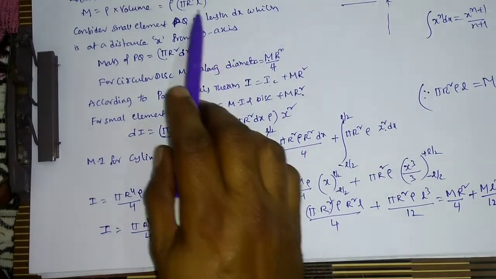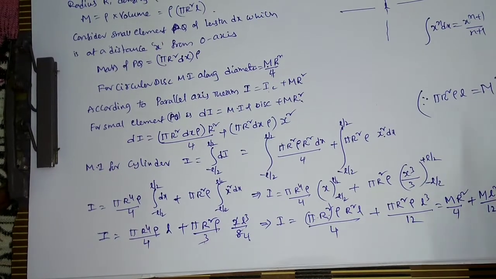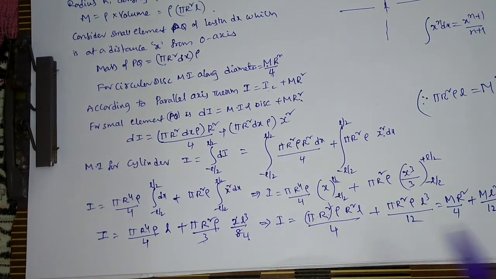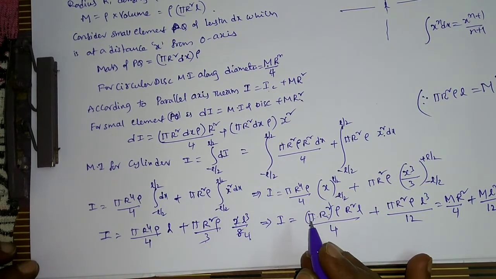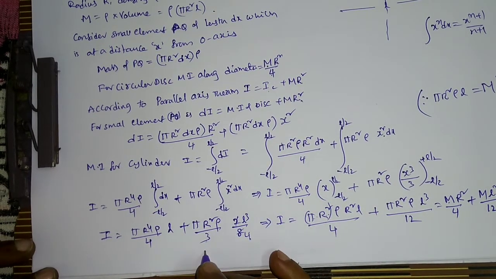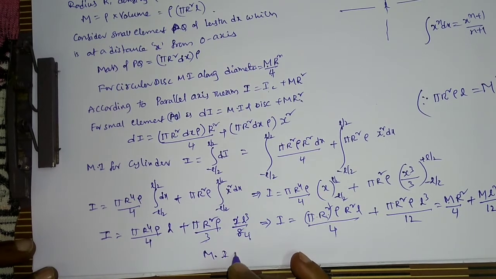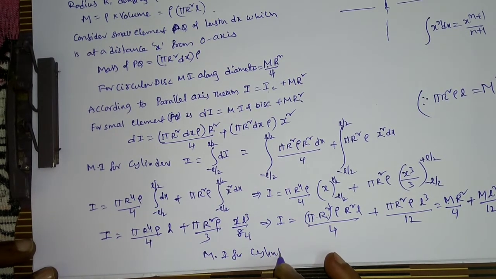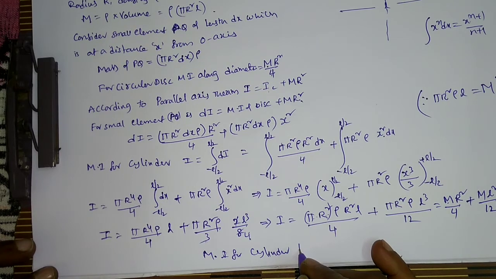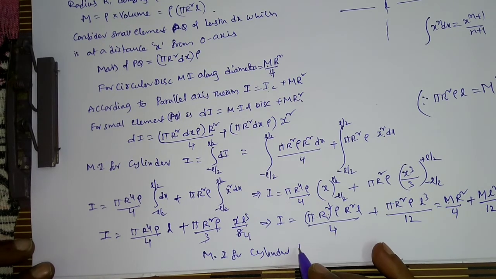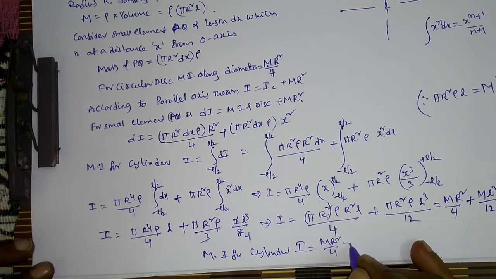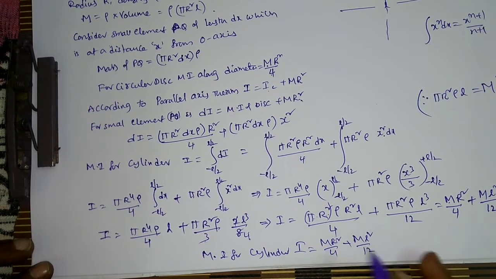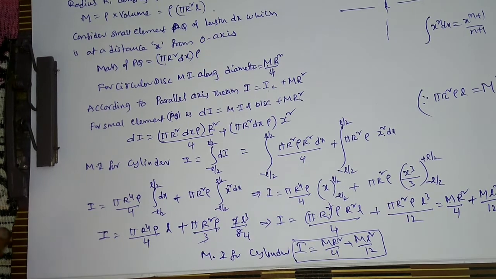Previously I wrote mass, so m r square by 4. So we can write finally the moment of inertia for the cylinder: capital I is equal to m r square by 4 plus m l square by 12. That is the formula for the cylinder.